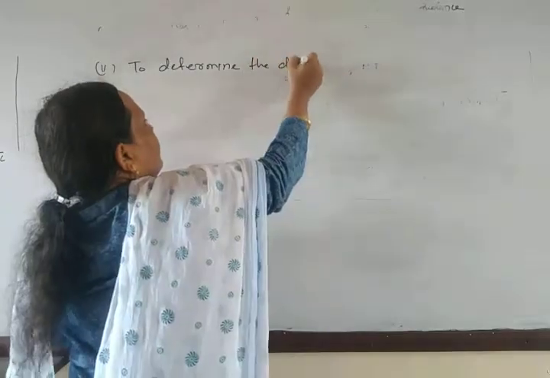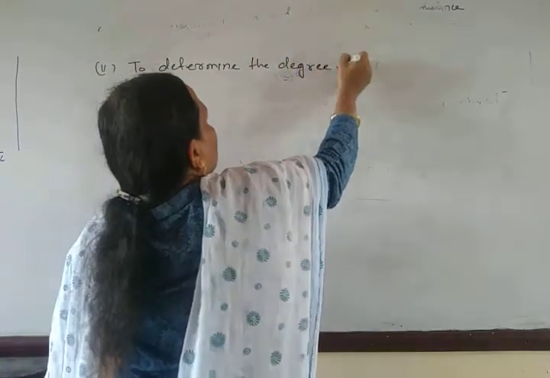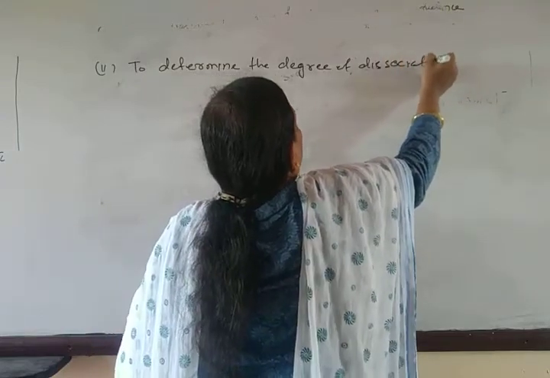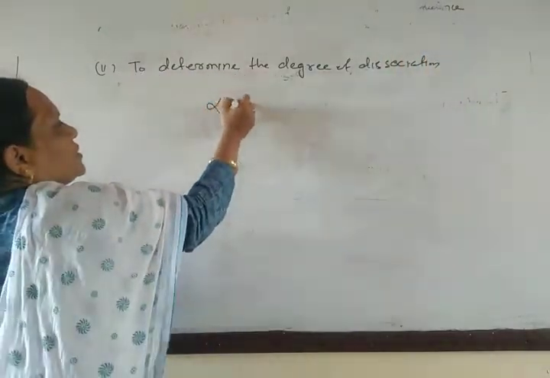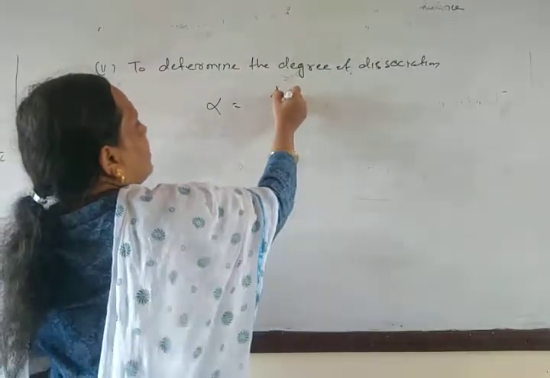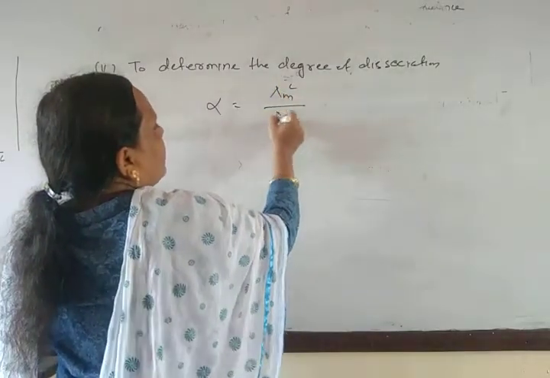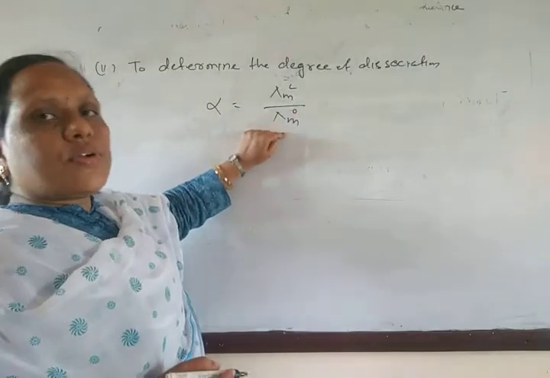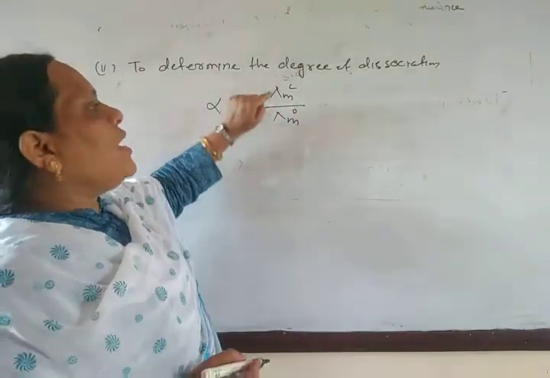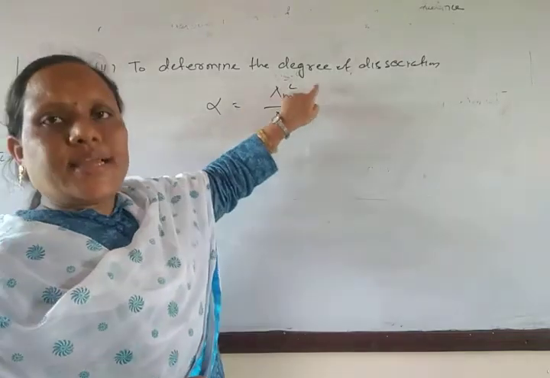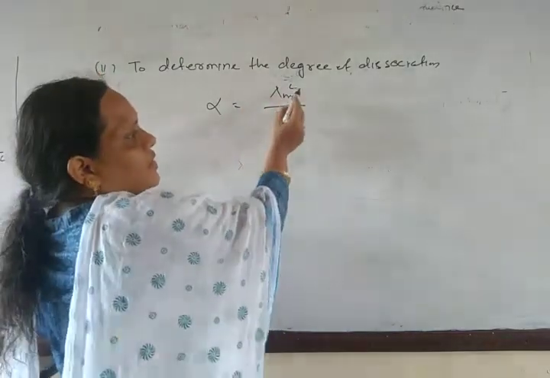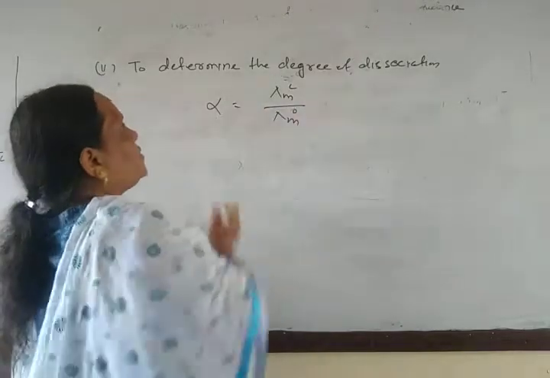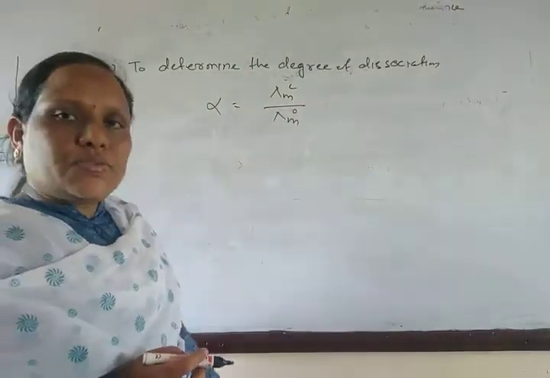The degree of dissociation alpha is given by the formula lambda m c by lambda m naught. This is the molar conductance at any concentration, and this is the molar conductance at infinite dilution. These two in ratio give the degree of dissociation.